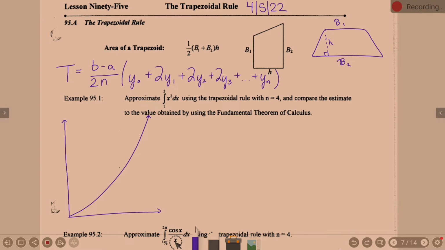I drew the first quadrant there just because I can't just start at 1 with a parabola, that's just too weird. But it specifically says from 1 to 3. I'm going to label 1, 2, 3 there. So we're looking from here to there.